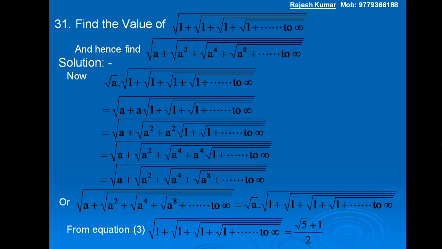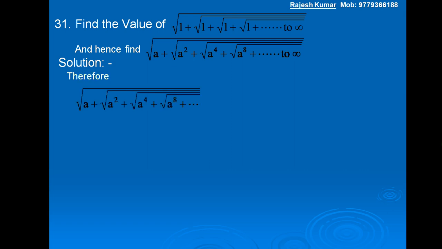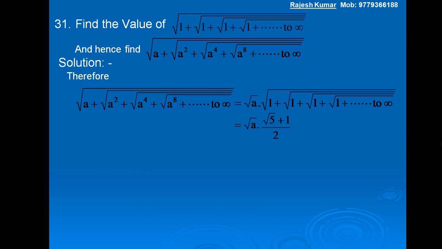So putting this value, we get square root of a plus square root of a square plus square root of a to the power 4 plus so on up to infinity is equal to square root a into (root 5 plus 1) upon 2, or this is equal to (square root 5a plus square root a) whole upon 2, when you open the bracket.